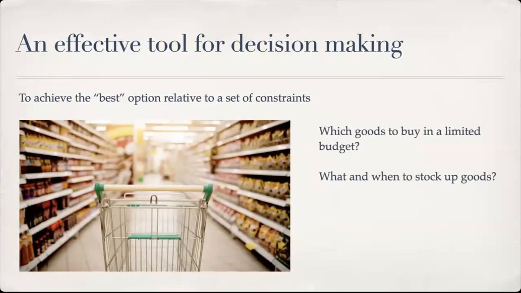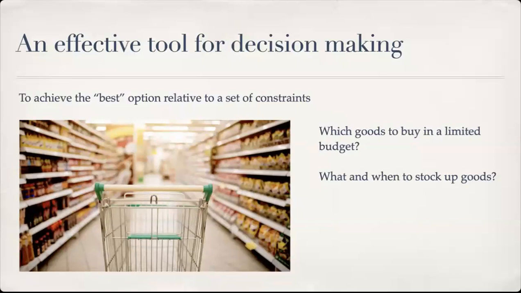Let me show you another case. For those who are living with family, maybe it's not related to you. However, if you stay alone, you're on your own for buying goods from the supermarket, something like that. You're familiar with shopping in a supermarket.